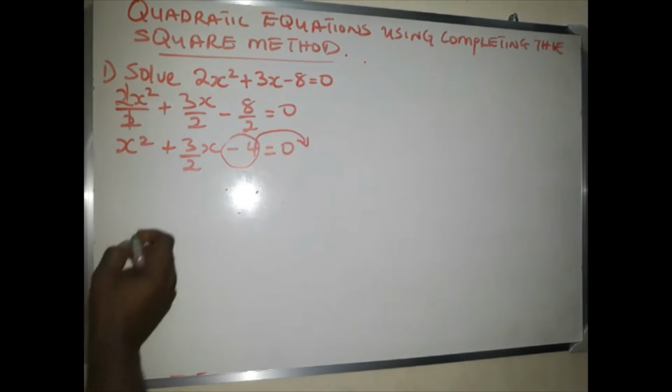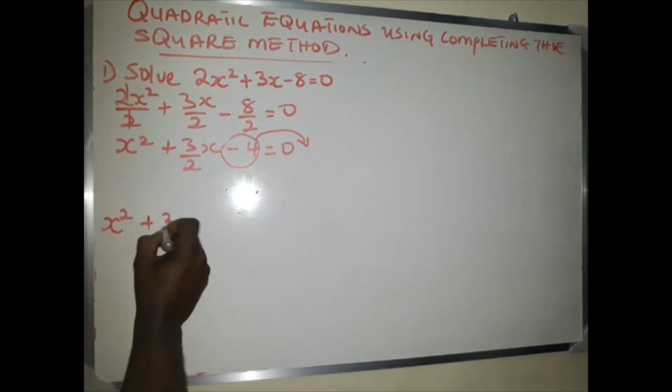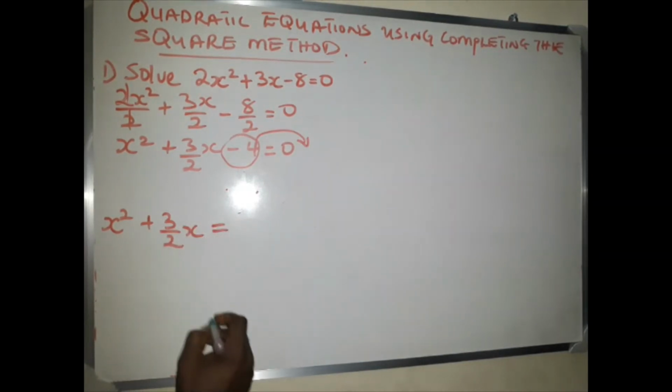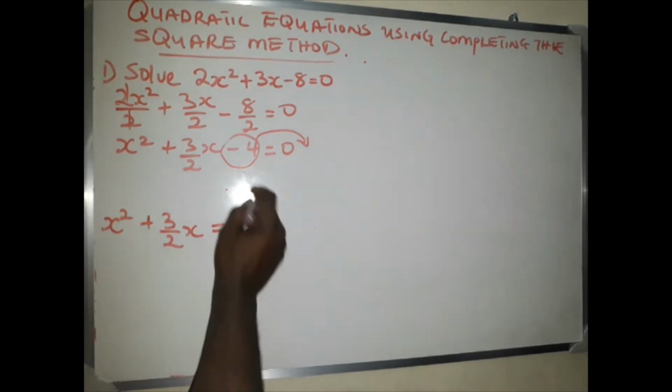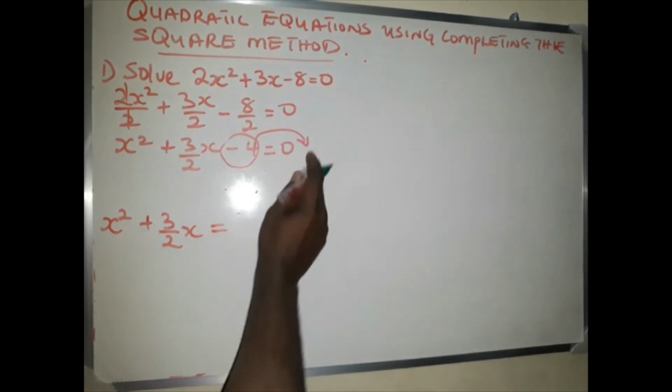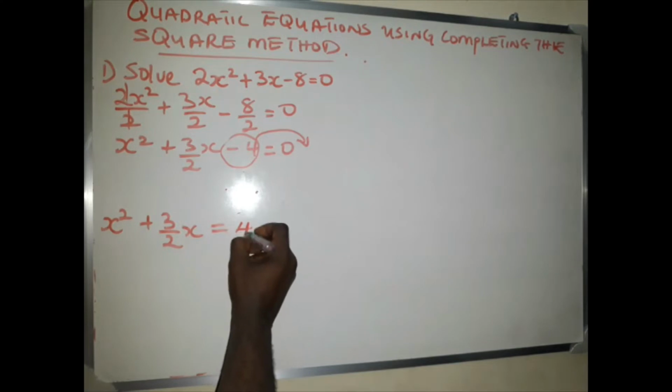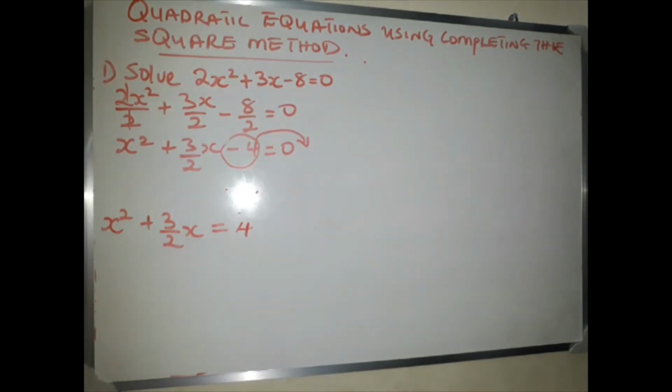And when you do that, you're going to be left with what? x squared plus 3 over 2 x, you have the equal sign, then what do you have? This is minus 4. When it goes over the equal sign to the right hand side, it becomes plus 4. Hope you're following me so far. So you move the constant to the right hand side.